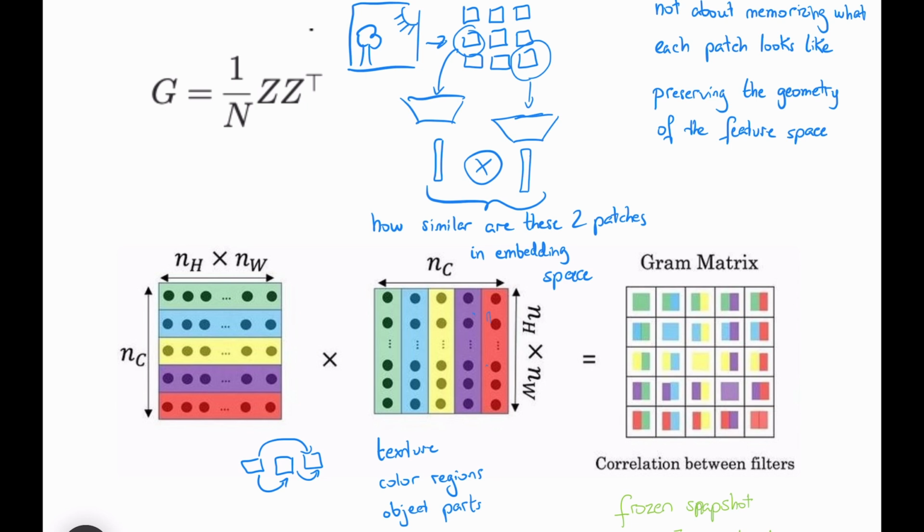Well, we've already spoken about how the teacher learns meaningful patches and organizes the feature representation in a certain way. The student tries to learn from it, but instead of forcing the student to exactly match each embedding vector, we ask it to match the patterns of relationships between the patches. That's the gram loss. It penalizes differences between the teacher's gram matrix and the student's gram matrix.